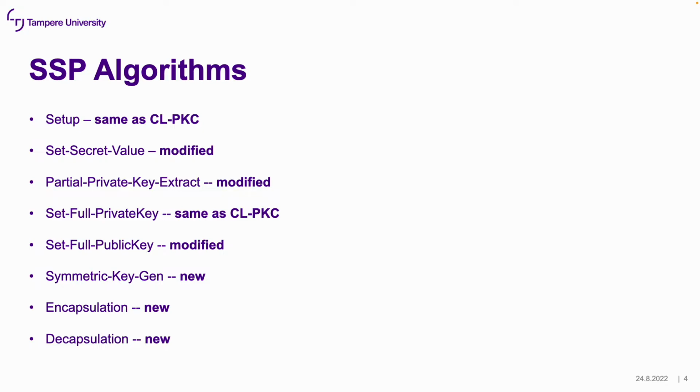The set full private key algorithm, which is the same as what we had in CL-PKC. The set full public key, which is modified. And then we introduced 3 new algorithms: the symmetric key gen algorithm, the encapsulation algorithm, and the decapsulation algorithm. Now we proceed to describe all these algorithms to give you a better understanding of how they work.